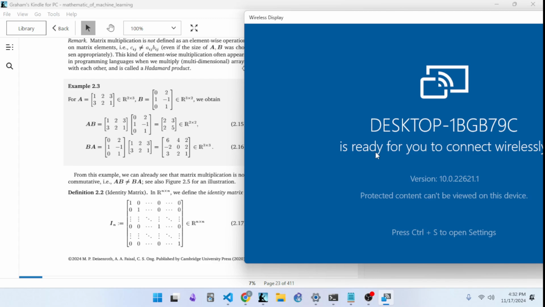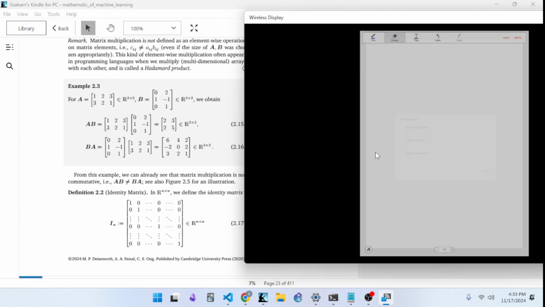All right, so it's not connecting, unfortunately. Direct Wi-Fi to use Smart View. Turn it off. Okay. All right. Back in business.